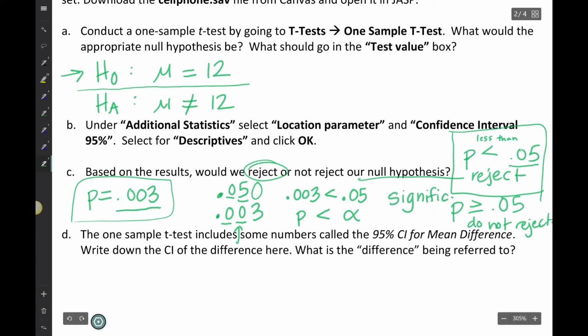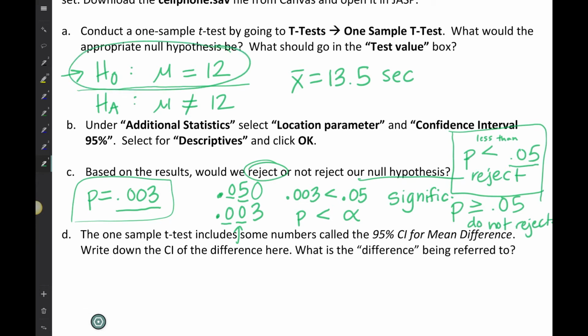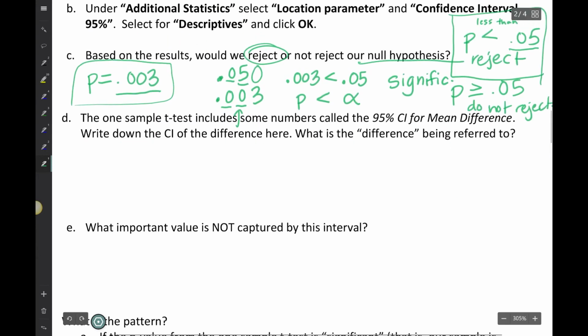It would be really weird for Melanie to get a sample with a mean of 13.5 seconds if it really only takes 12 seconds on average. That would be so weird that we don't think that this is true. We think probably it's not equal to 12. Okay, so we conclude that we would reject the null hypothesis.